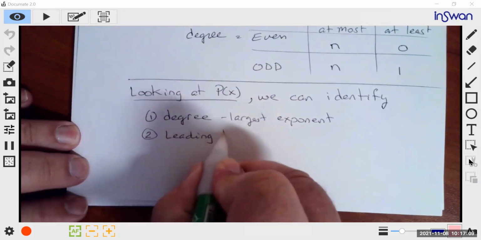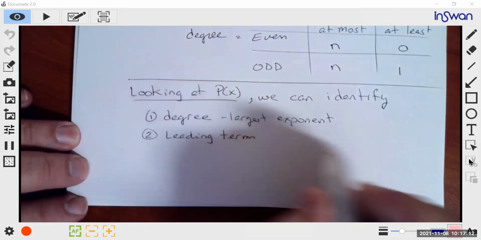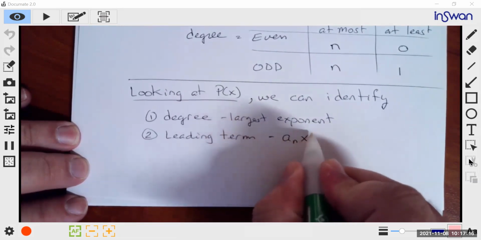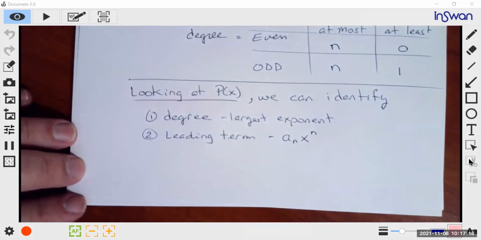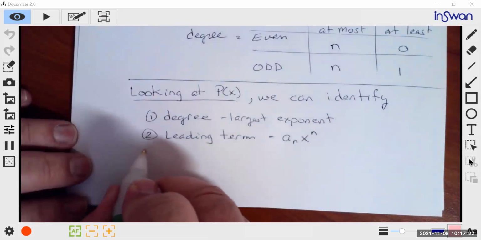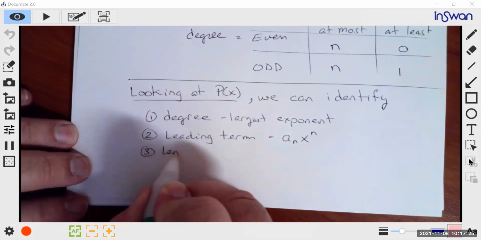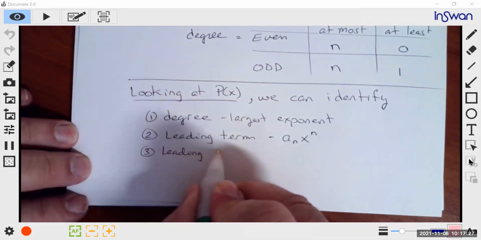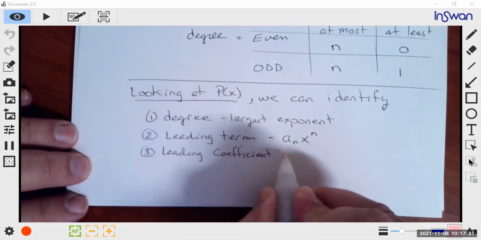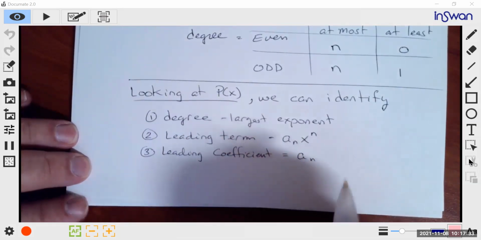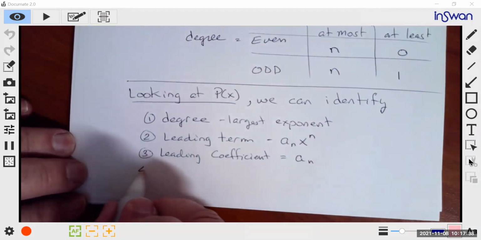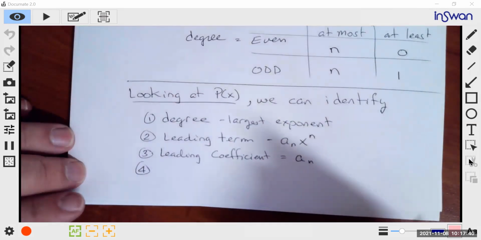the leading term, that's the term with the highest exponent, the leading coefficient, that's the coefficient of the x term of the leading term, the highest exponent.